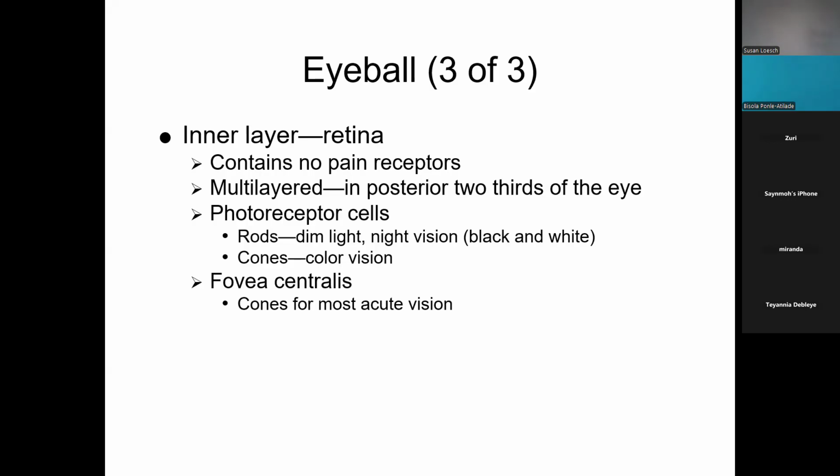This is where your best vision is, your most acute vision, in that fovea centralis. And when we talk about macular degeneration, this is the part of the eye that's going to be damaged.